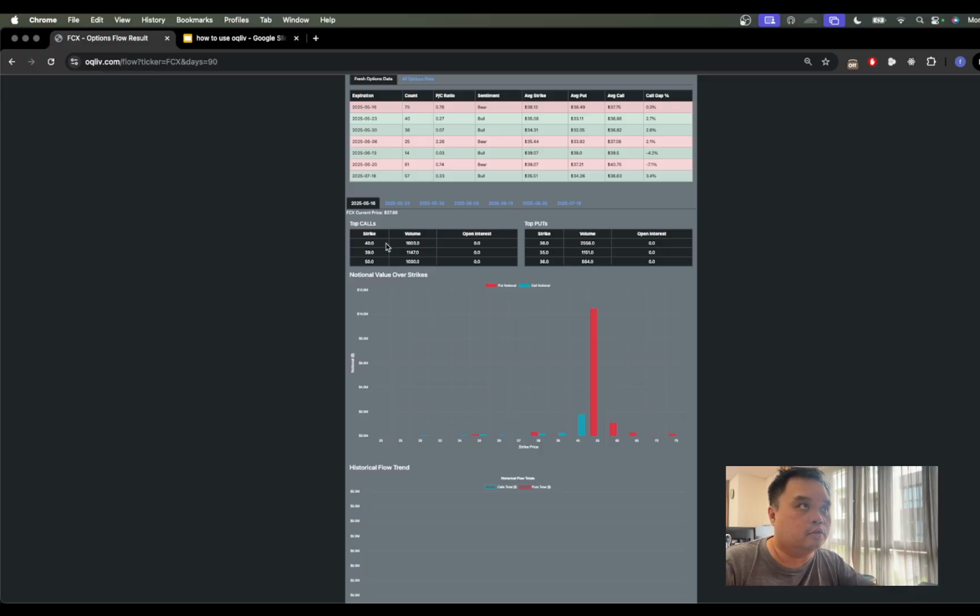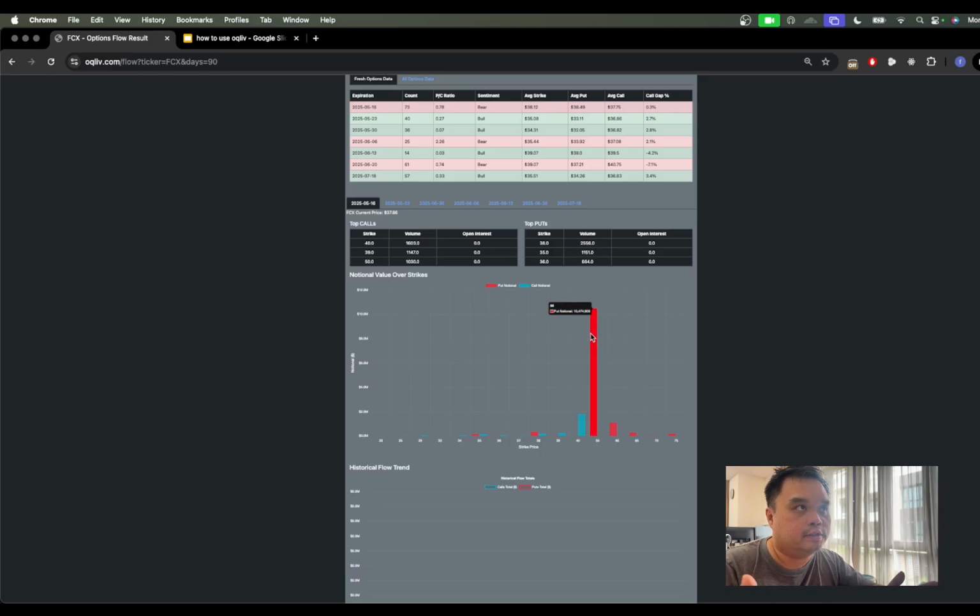In this table, we are looking at the $40 calls with about 1,600 calls volume, and the puts at $38 with 2,500-something volume. So it's almost double the size in puts. In theory, Freeport is going down.